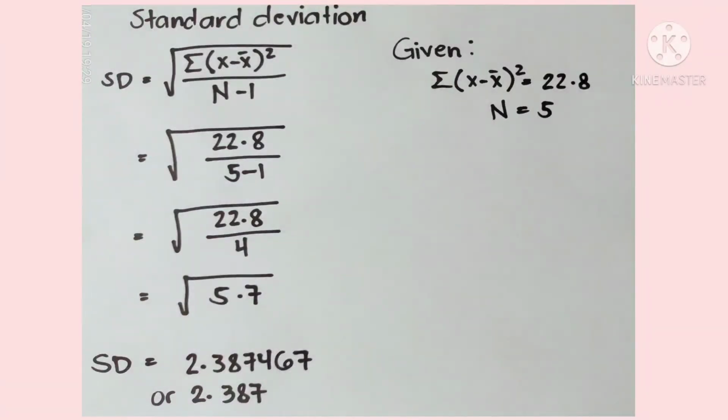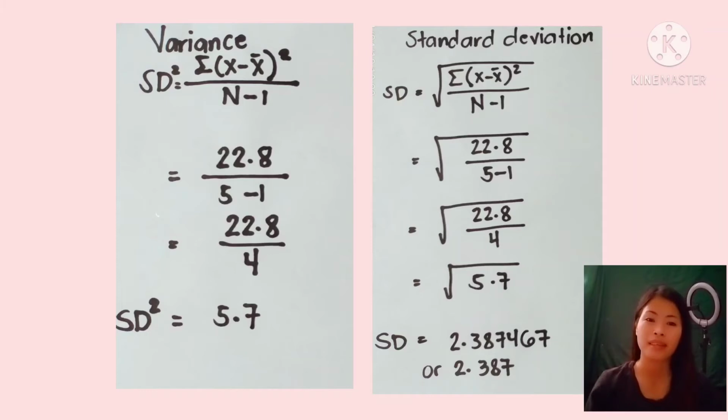Let's divide 22.8 by 4 first. 22.8 divided by 4 is 5.7, so we have the square root of 5.7. The last step is to take the square root of 5.7, which is 2.387467.